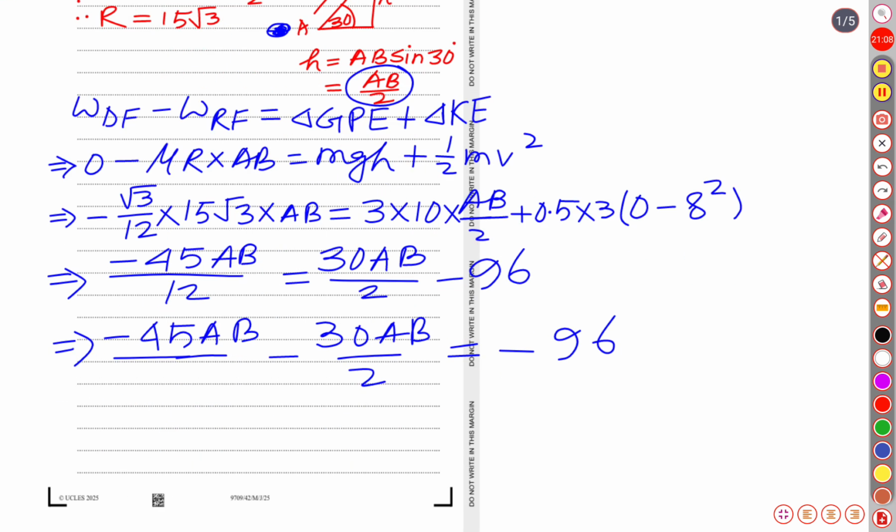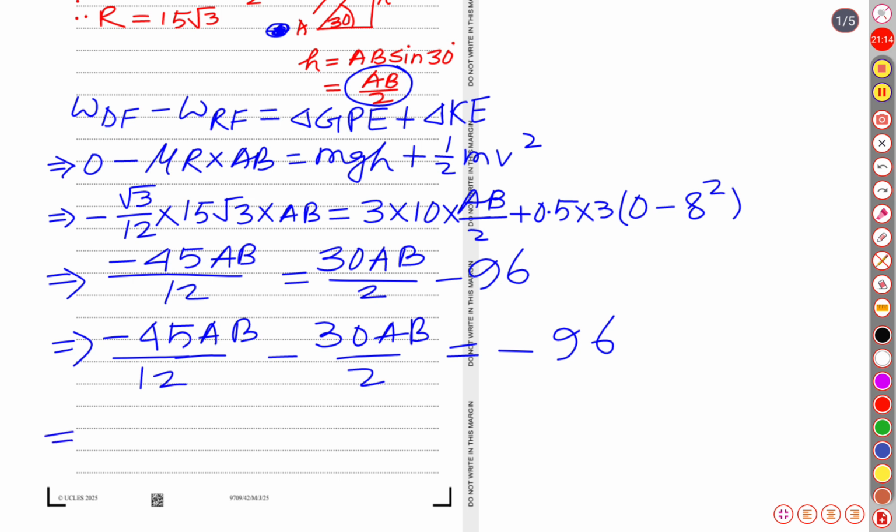Dissolving the negative symbol from every side, this is 12. So 45 plus 180 is going to be negative 225 AB over 12 equal to negative 96.